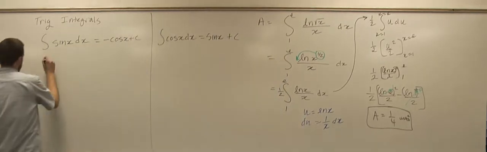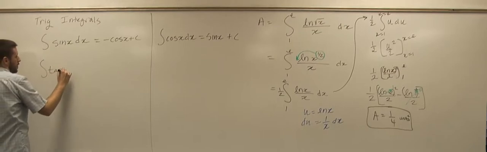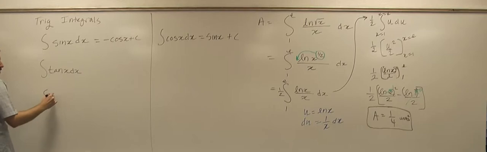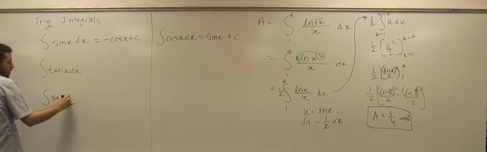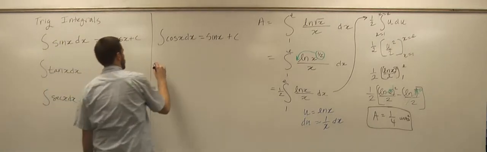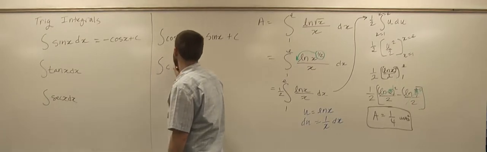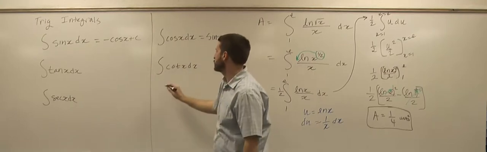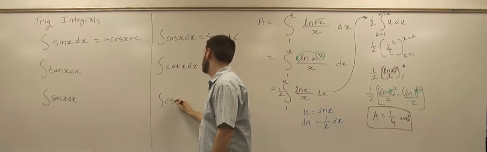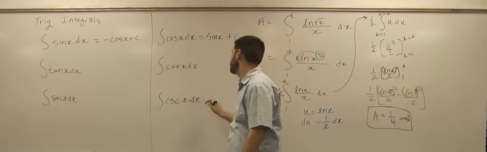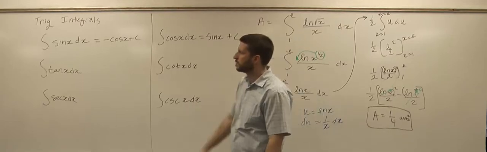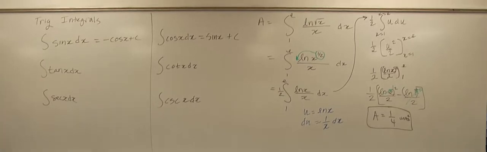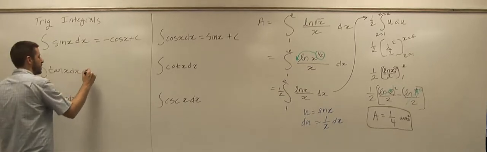So then we have four other functions we need to come up with the integral for: tangent, cotangent, secant, and cosecant. These we saw in the last section. We came up with a derivative that was equal to tangent, so we knew what the antiderivative was.